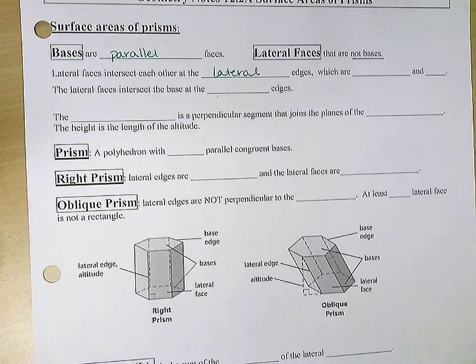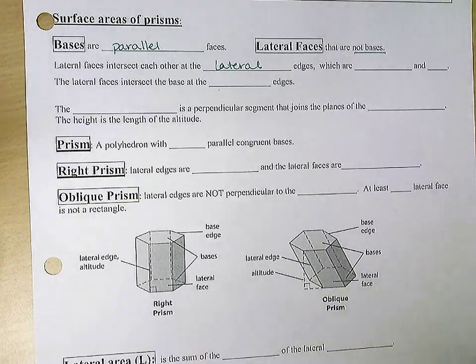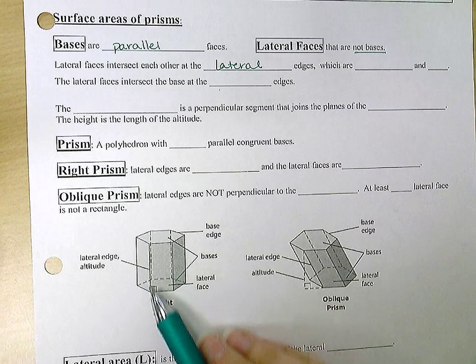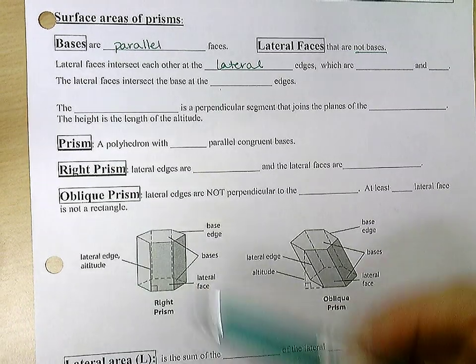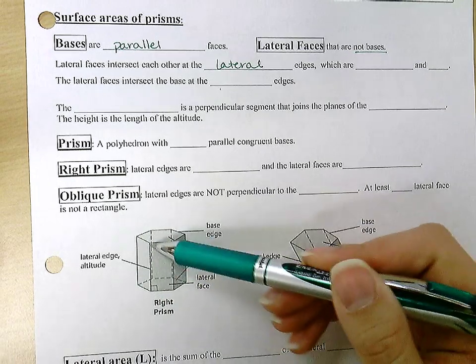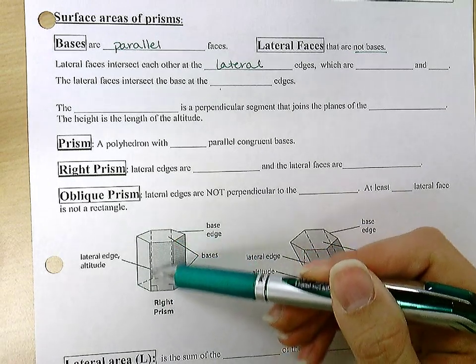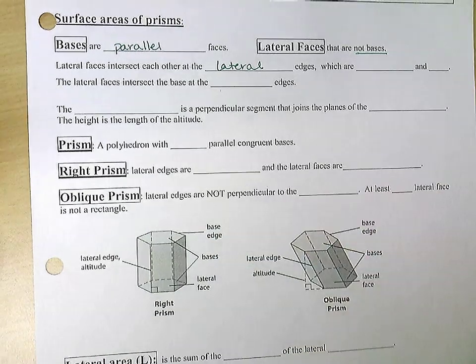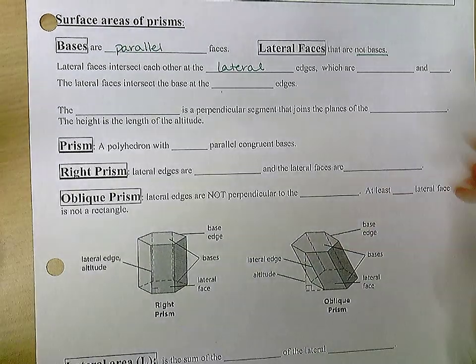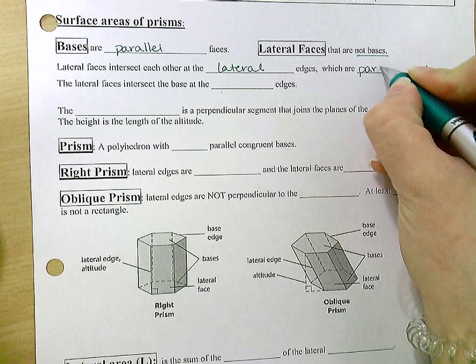If I look at these figures down here, your lateral faces are these rectangular pieces right here. Those lateral faces will intersect at the lateral edges, at each edge with each other. Those are all parallel and congruent.